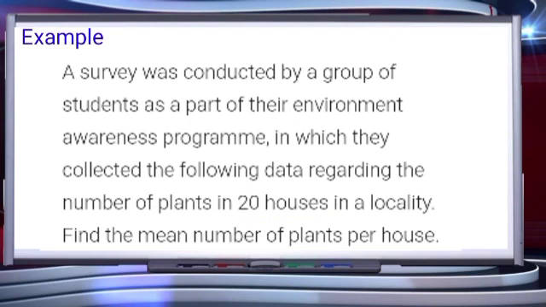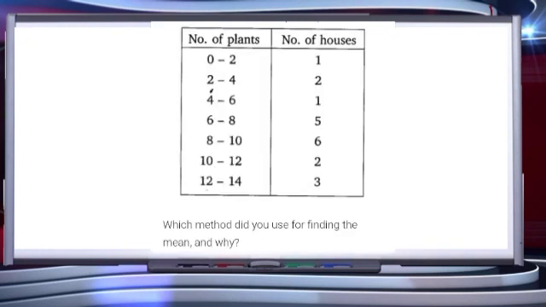So the data is given as the number of plants: 0 to 2 were planted by one house, 2 to 4 by two houses, 4 to 6 by 1, 6 to 8 by 5, 8 to 10 by 6 houses, 10 to 12 by 2 and 12 to 14 by 3 houses.